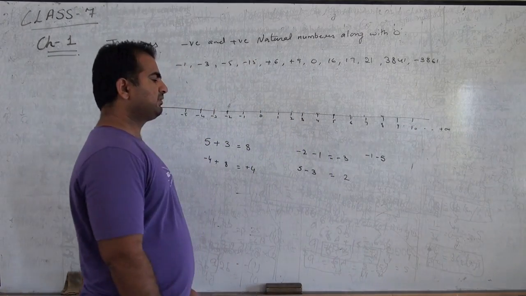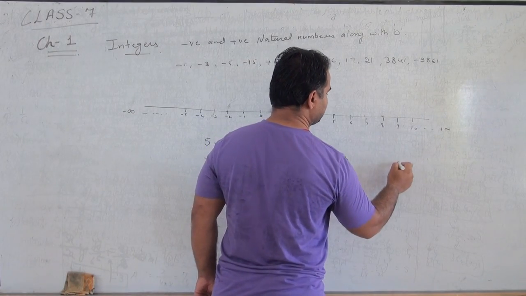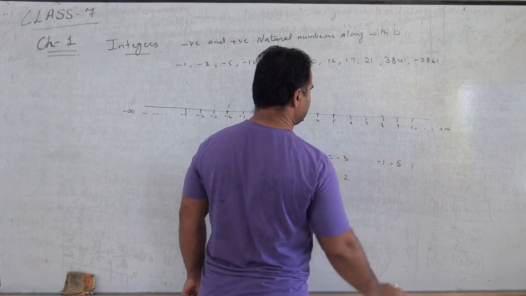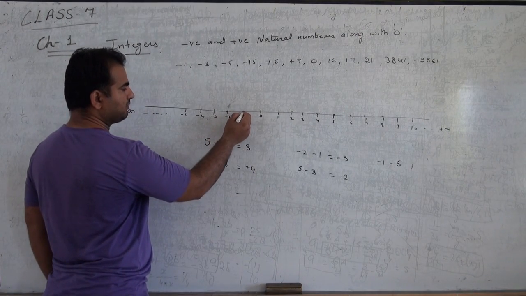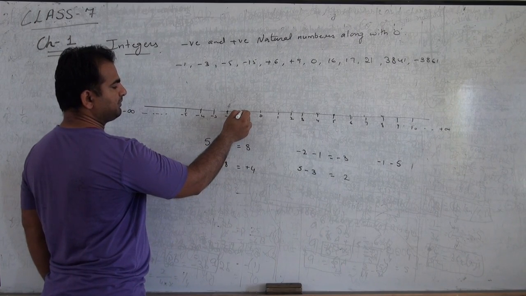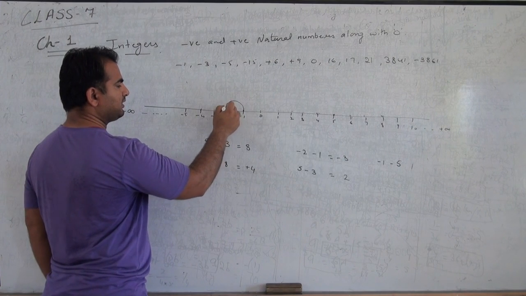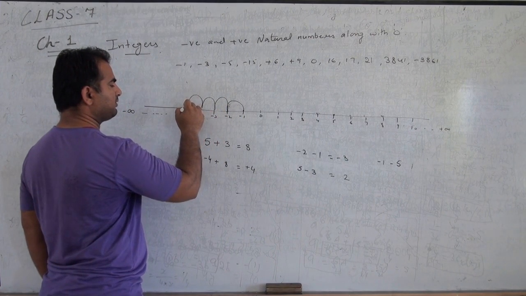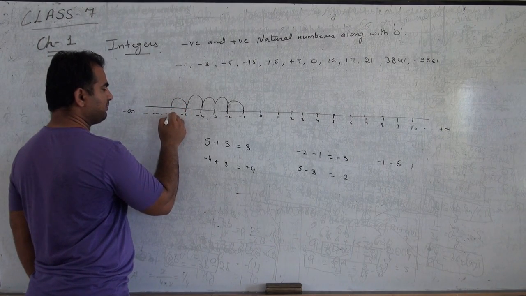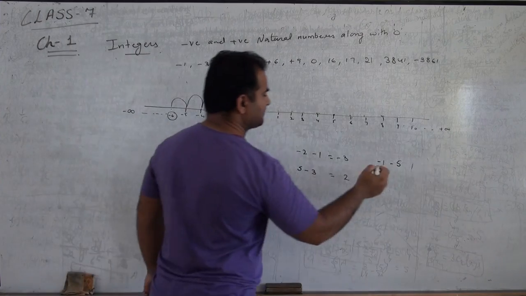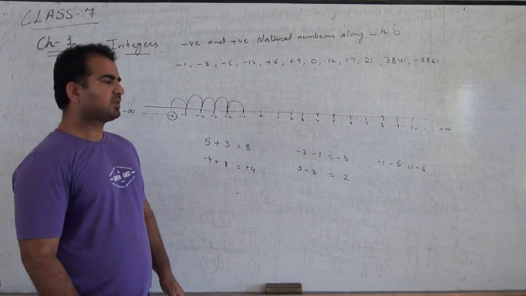We place our pen on minus 1 and then jump 5 times. Which side? Left hand side. 1, 2, 3, 4, and again we jump one more. Then it will be minus 6. Answer minus 6.